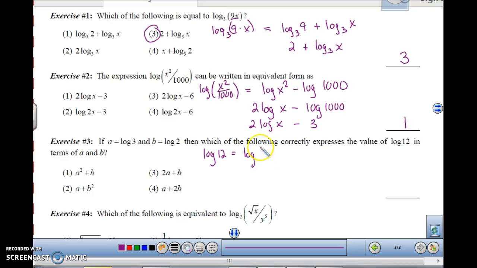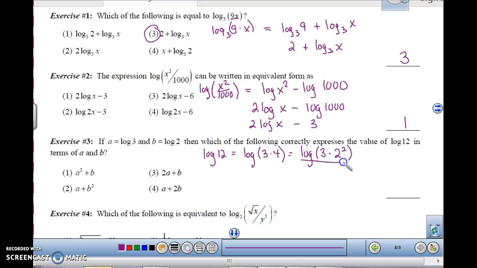Isn't 3 times 4 equal to 12? Yep, 3 times 4 is equal to 12. All right, so, but we have a log of 3. How are we going to get the log of 2 in there? What is 4 equal to? Well, it would be log of 3 times 2 squared. That we can use a base of 2 for.